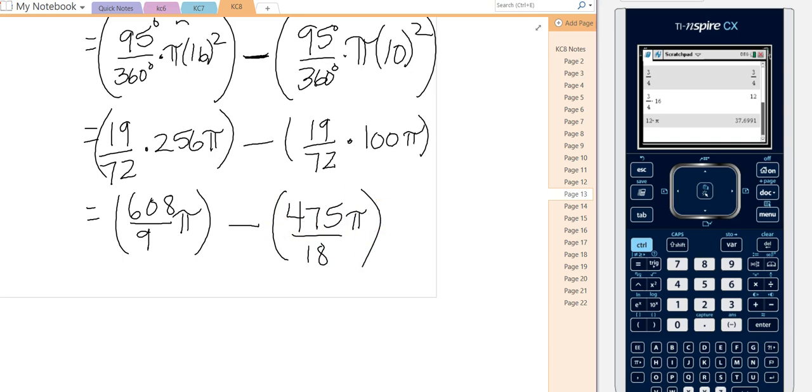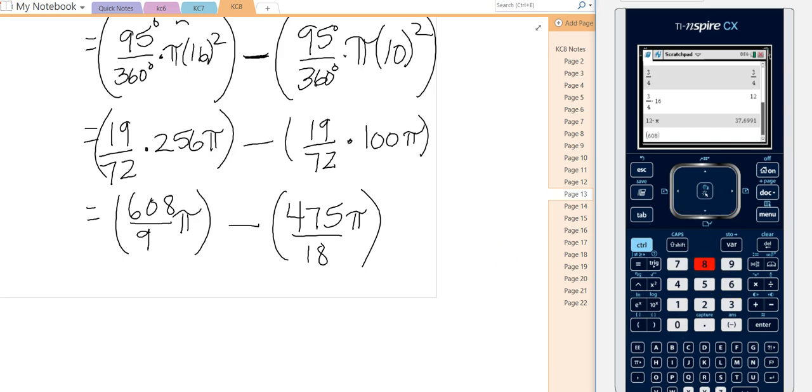Now we have two options. If you'd like to substitute each of these into your calculator and subtract them, you can. If you want to find a rough estimate of each of them and subtract them, you can. It does not matter. In our calculator, parentheses are your best friend.